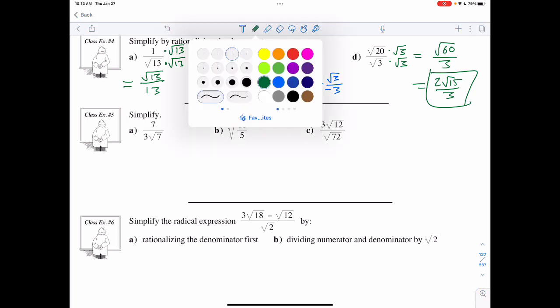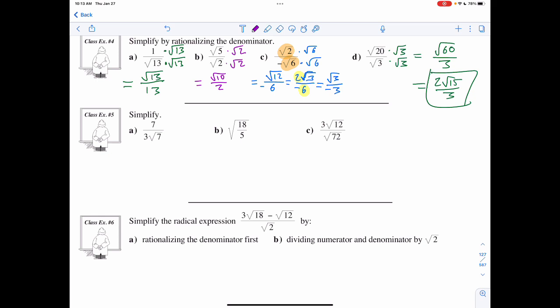Now, if there is a coefficient, the coefficient doesn't really change my process. I'm going to multiply out that radical. When I multiply out that radical, it's going to give me 7 root 7 over 3 bracket 7, because when I multiply root 7 by root 7 to get rid of the radical, I've got to put it in brackets, which is going to give me 7 root 7 over 21.